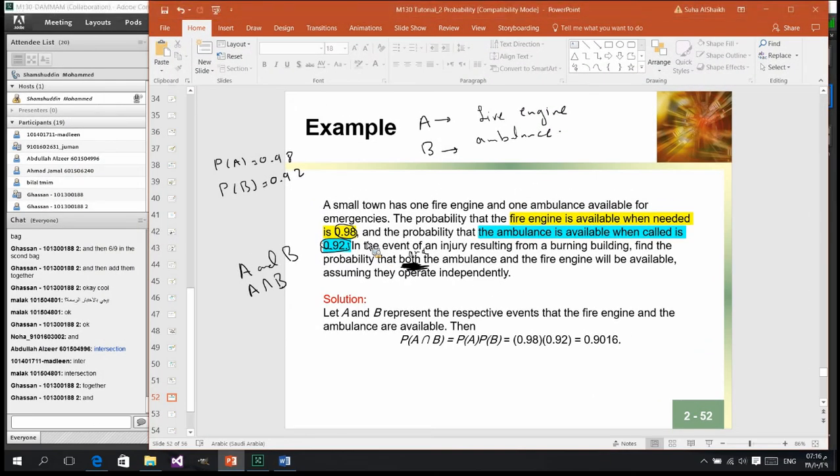Find the probability that both the ambulance and the fire engine will be available, assuming they operate independently. They operate independently, يعني none of them affect the other one. So we can say that the probability of the intersection is the probability A في probability B. In general, this is not correct, just in case of independency here. It is 0.98 في 0.92 and here is the result that we get.